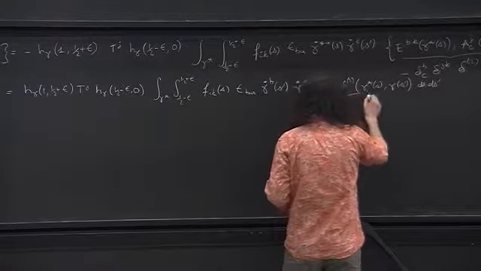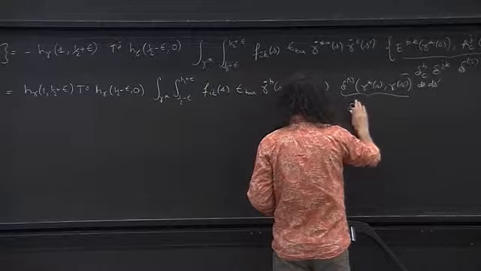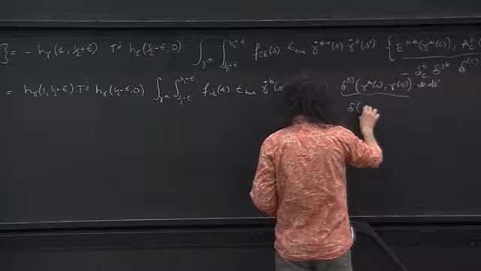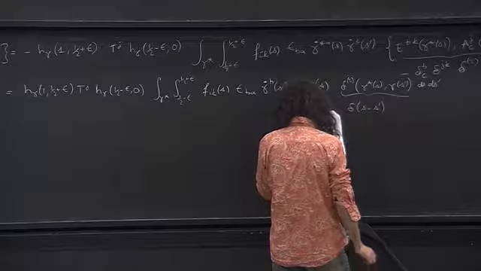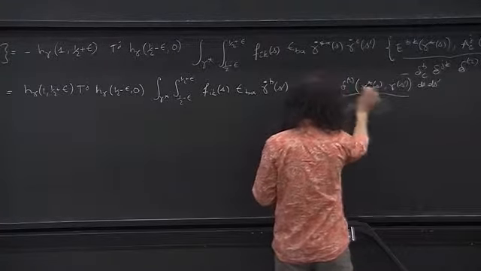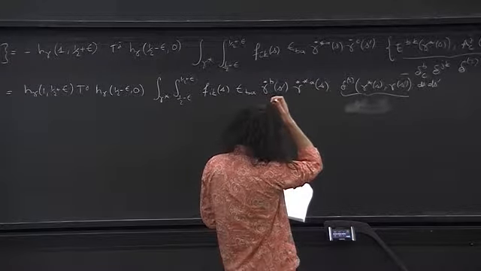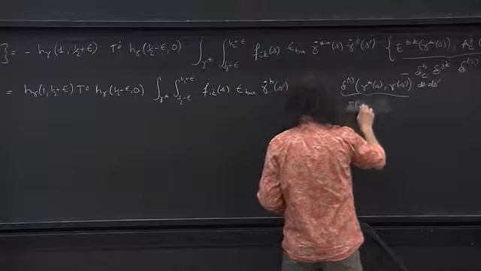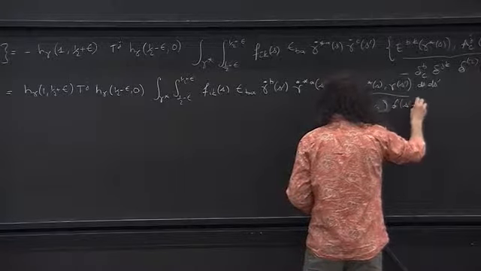So this delta function here is basically delta of S minus S prime. Let's write that. Yeah, so it's delta of S minus 1/2, delta of S prime minus 1/2.